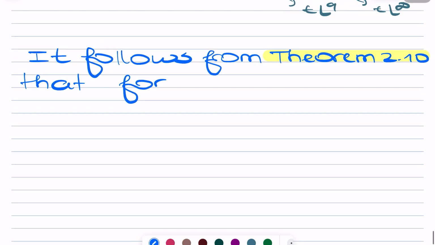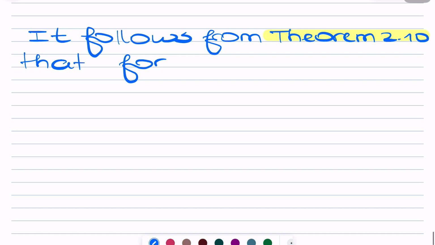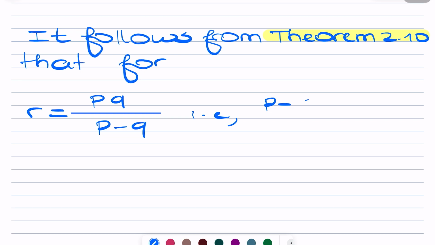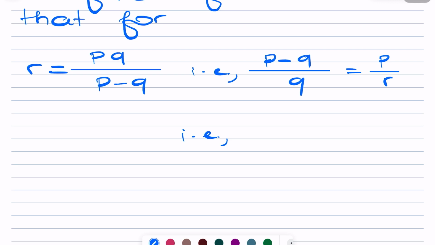It follows from theorem 2.10 that for R equal P times Q divided by P minus Q, this basically means that P minus Q over Q is equal to P over R, and this means that P minus Q was actually P prime. This is how we define it. We set P minus Q to be P prime, so this is equal to P over R.